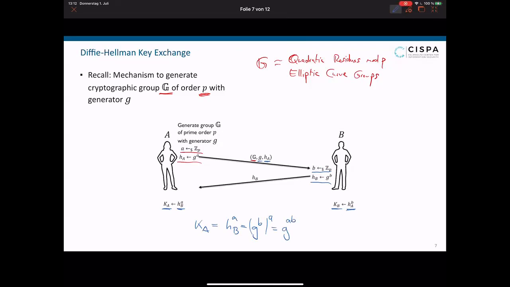All right, and of course, G to the AB, we can also write as G to the A to the B, which is of course HA to the B, which is KB. And voila, we see they have agreed on the same key. And really all we have used is that exponentiation in cyclic groups simply commutes, right? G to the B to the A is the same as G to the A to the B.